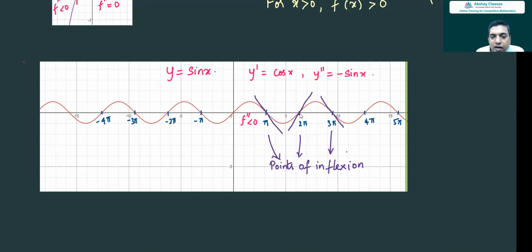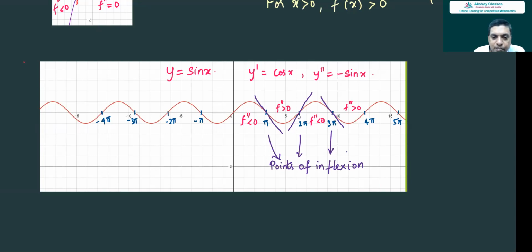Between pi and 2 pi, the second derivative will be positive, because sine value is negative, so minus of sine will be positive. And here again, the second derivative is negative, then positive. So you see, this is convex, concave, convex, concave, and so on. So these are the points of inflection.